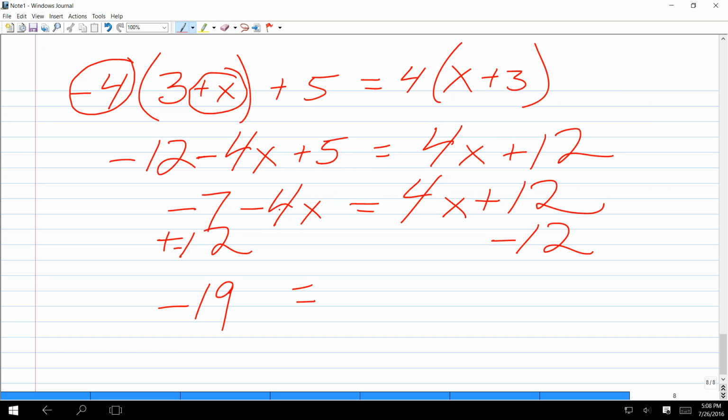I have to add 4x to both sides to get rid of that. That's the reason you wanted to move the variables to the right side, so we would have a positive coefficient.